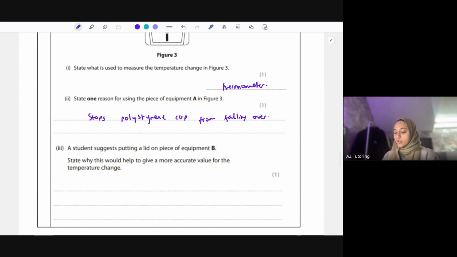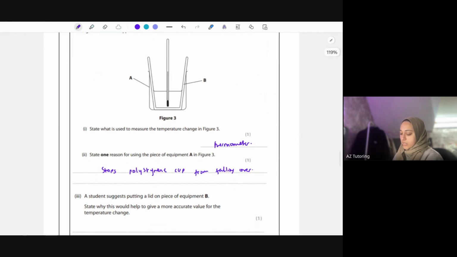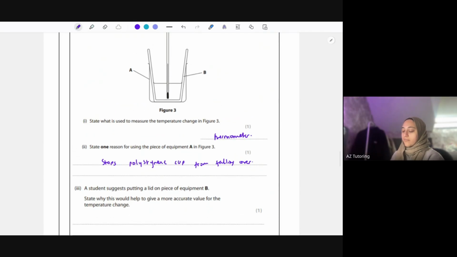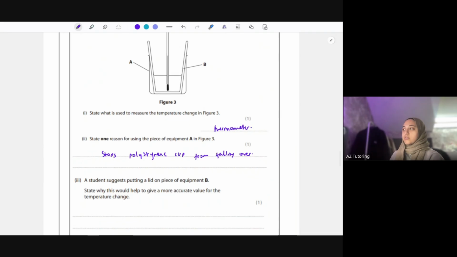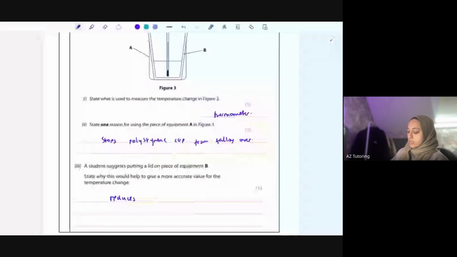A student suggests putting a lid on the piece of equipment B. State why this would help give a more accurate value for the temperature change. Well, if you put a lid on top of equipment B, no heat is escaping. So you could just say reduces heat from being lost to surroundings.